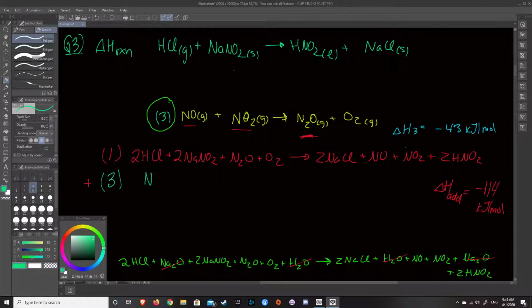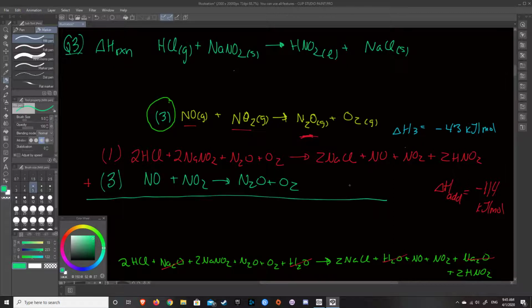So plus NO plus NO2 reacts to form N2O plus O2. So let's see what this summary reaction is. And this reaction was negative 43 kilojoules per mole for this one. So we need to add the delta H. So this is delta H F. So we're almost at the final right now. So I'm doing delta H final.